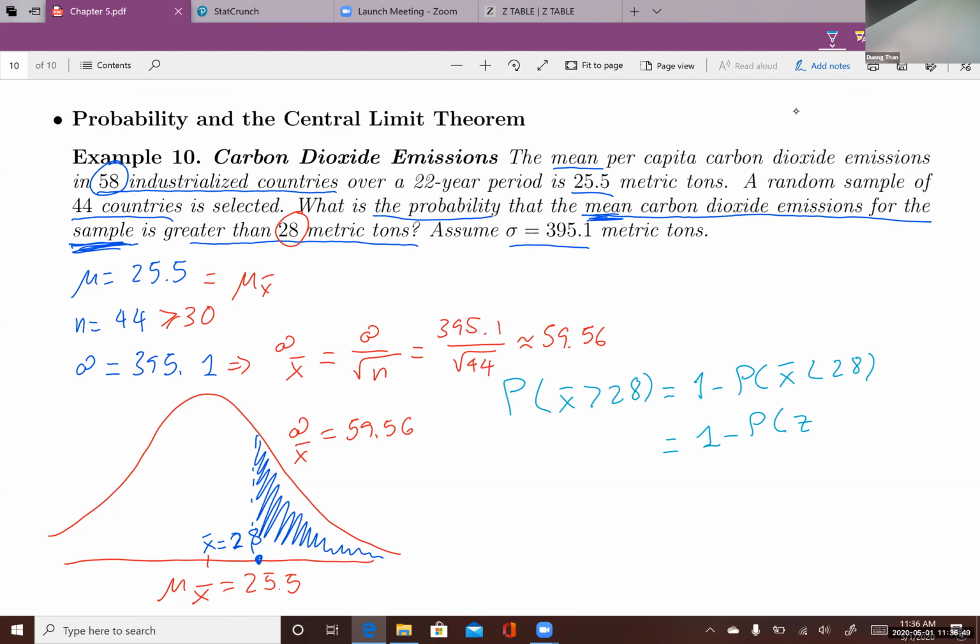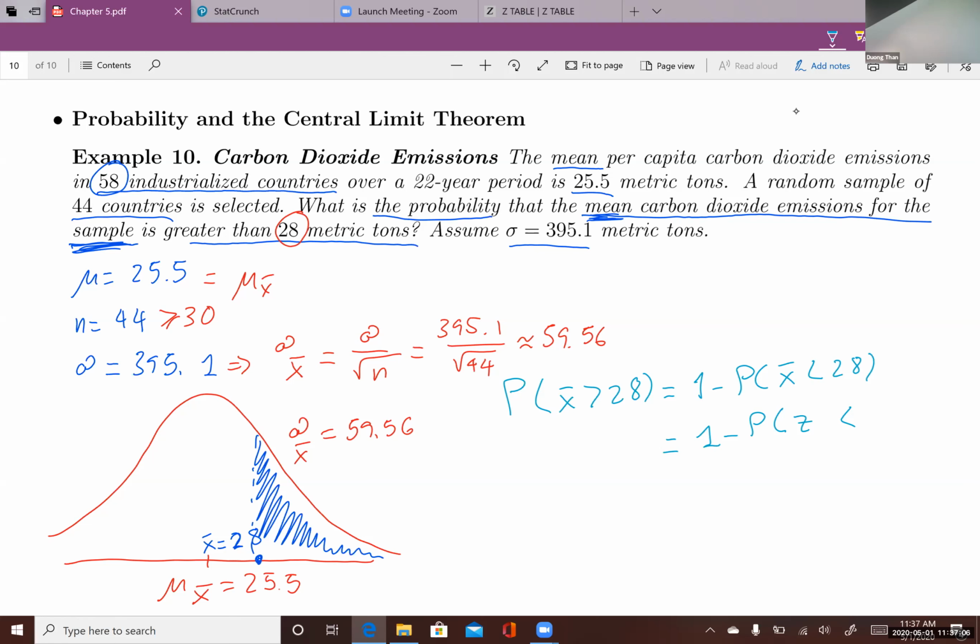And what is the z value? I haven't found it yet, because if the distribution is normal, then you can use a z value and z table to find the probability for this x bar here.